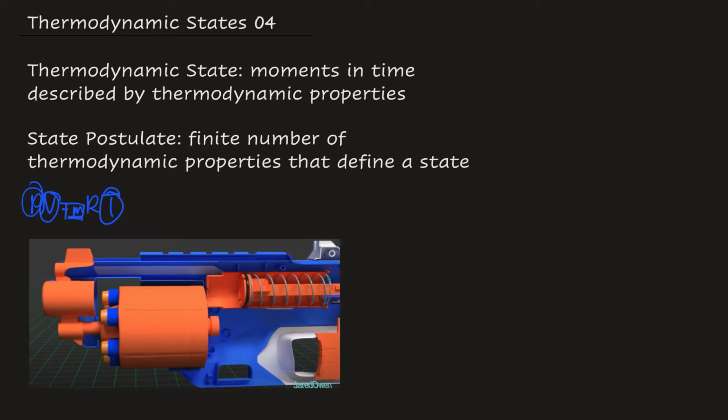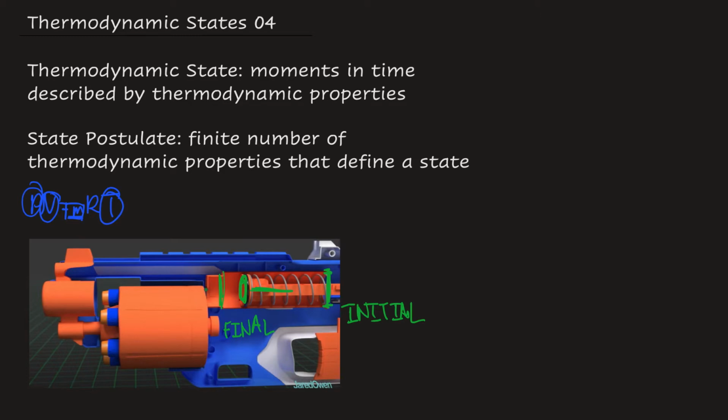The first is when this piston, which is this circular part with this shaft, is all the way right here at the beginning. We'll call this the initial state. And when this piston reaches the end of this little lip right here, we'll call that the final state.